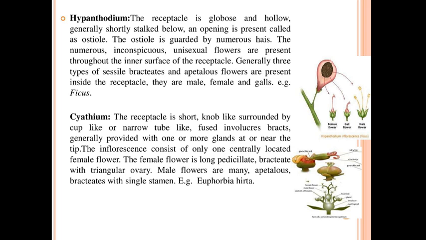The main difference between the gall flower and the female flower is in the size of the style. Another peculiar thing is that a very small insect, blastophaga, pollinates this flower, and it enters inside the inflorescence through the ostiole.